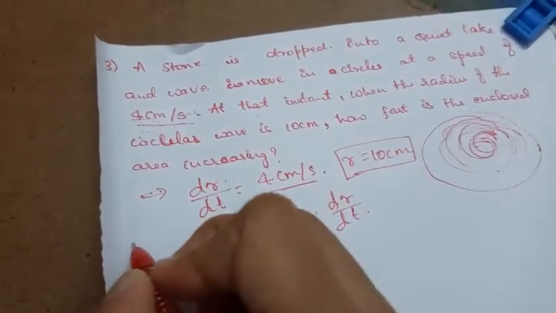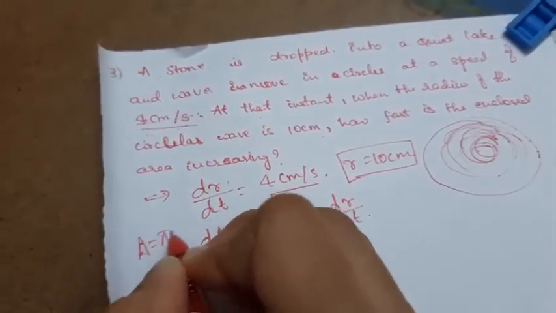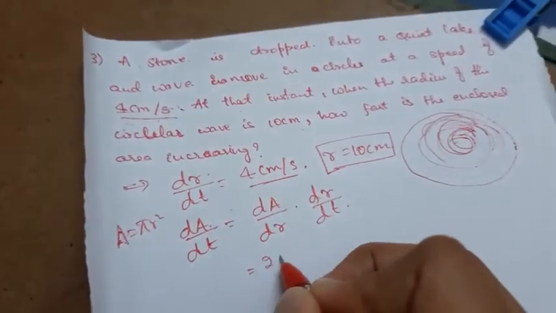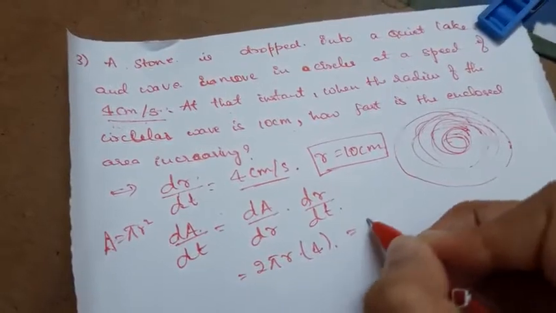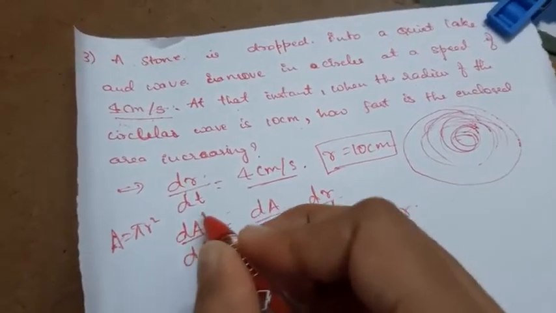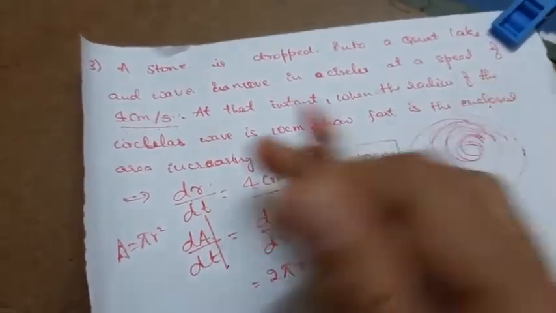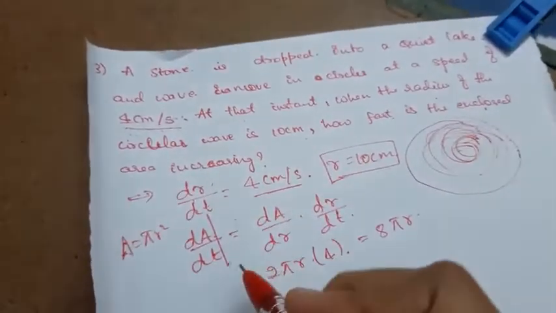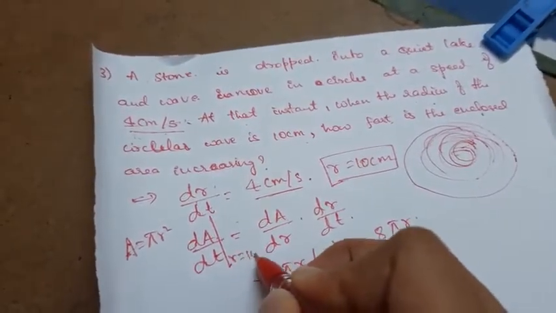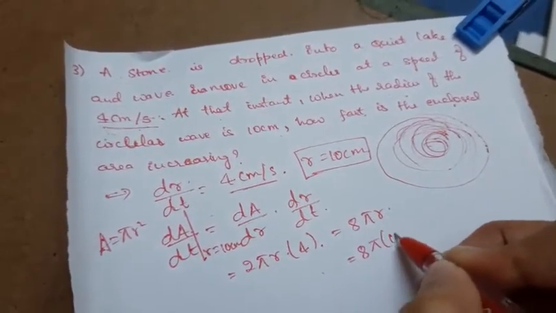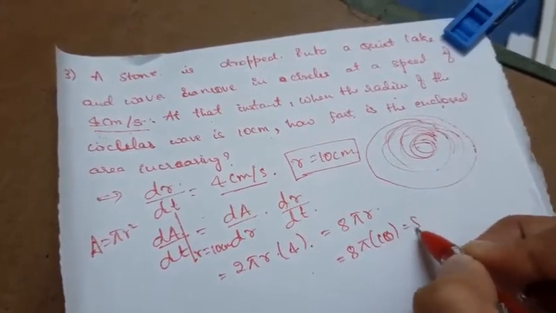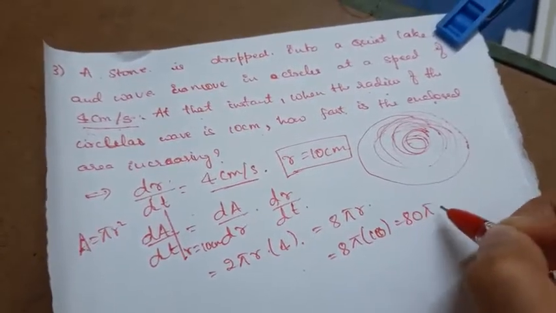What is the area of the circle? It is nothing but pi r square. So dA by dr is 2 pi r, and dr by dt is 4. So 4 into 2 is 8 pi r. They said to find how fast the area is increasing when the radius is 10 centimeter. So when r is 10 centimeter, substituting here 8 pi into 10, what do we get? 80 pi.